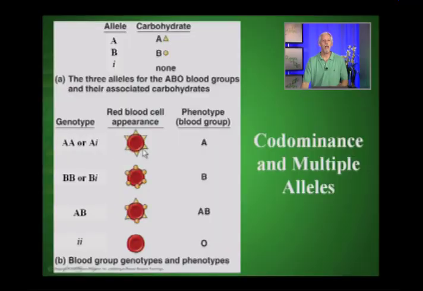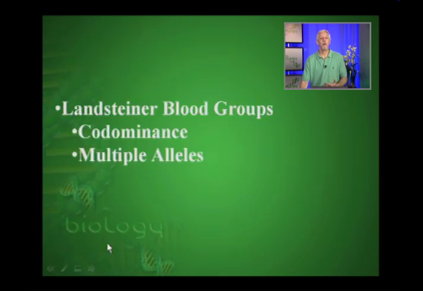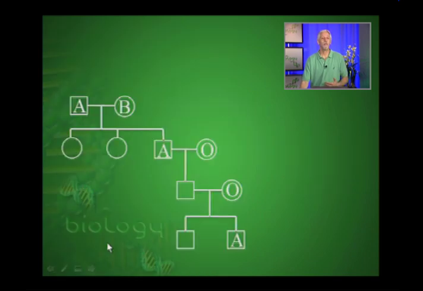And in this particular case, again, if you're type A blood, you could be AA or AI. So even though you're type A, we don't know for sure your genotype. If you're type B, we don't know for sure your genotype. But if you're type AB, we know that you are genotype AB, and if you're type O, we know that you're a genotype II.